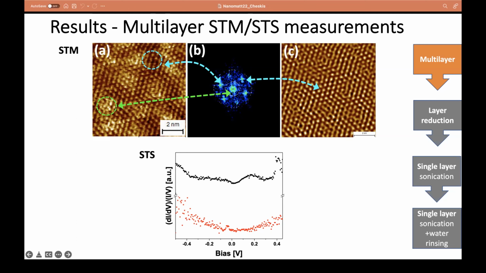And moreover, when we filter out this central part that was reflected to oxygen debris, we see that our pattern in the Fourier image is very clear.